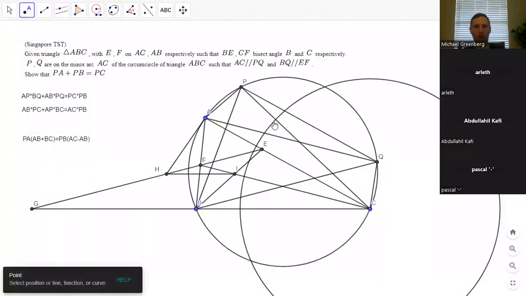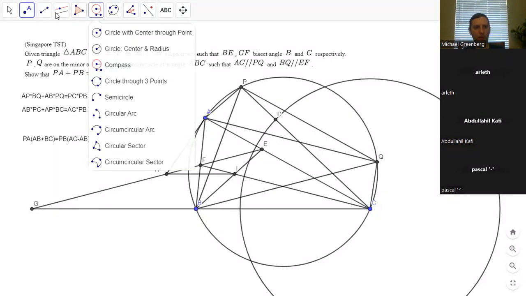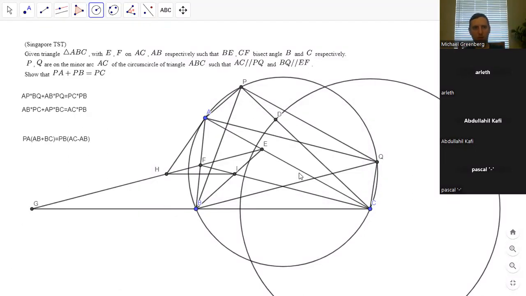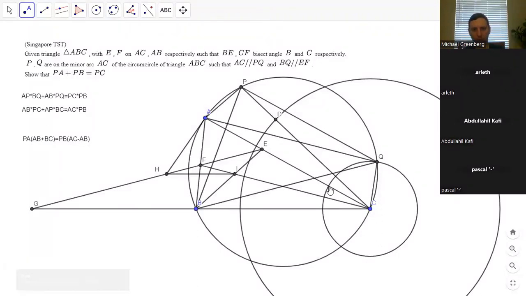For example, one way to do it is, PA equals PB, and so I want to show CD equals PB, and then I could also draw this circle. Oh no, because I need this to equal AB in order for these to be congruent. I didn't realize that.